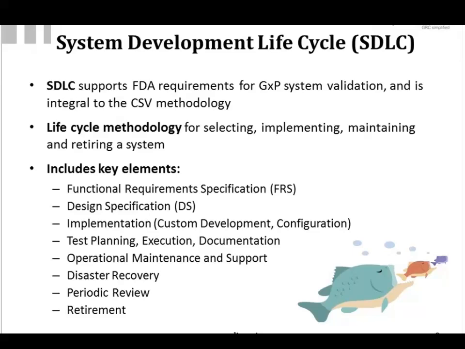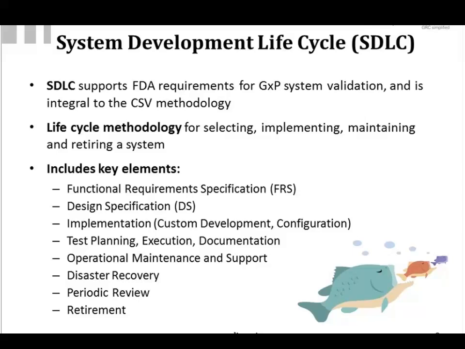The design specification talks about how those requirements are delivered, and the implementation is involving your custom development or configuration if it's a configurable package, or it might be you're using it out of the box without any ability to do configuration or customization. Whatever the case, you'll be implementing it. And once the system is in place, you need to do testing. So you're going to have a test plan, you're going to execute the protocols, and have documentation to support it.